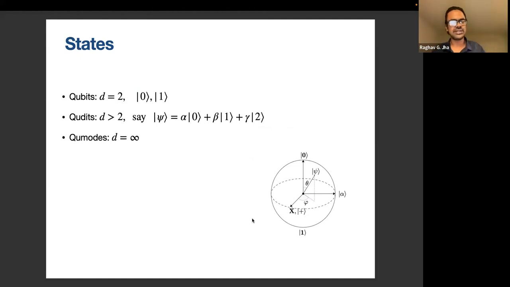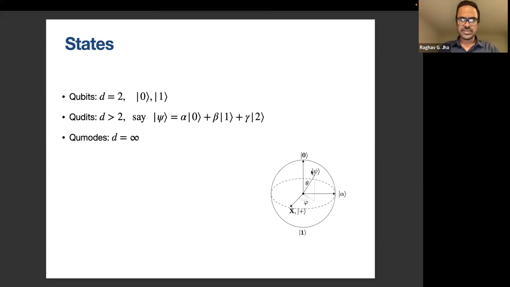And qumodes in general have an infinite dimensional Hilbert space, like the quantum harmonic oscillator, which will also bring us, towards the end of this talk, to the idea of photonic quantum computation, because photons can be represented by harmonic oscillators. When we manipulate photons or use photons to perform computations, that is exactly what qumodes are, or for example, what analog quantum computing is. Or if we are just using qubits, then we're just using some two-state system, for example.